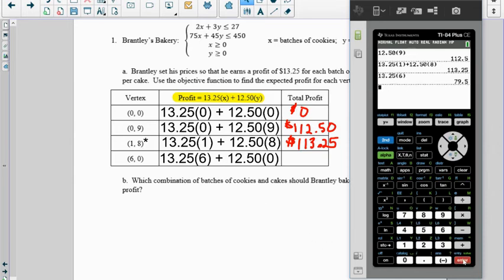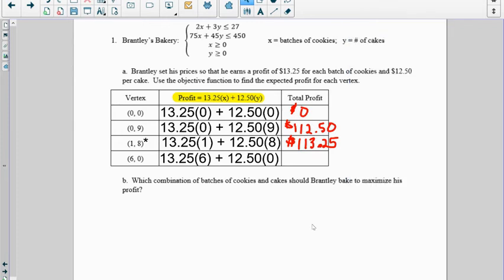That is 79.5, so it's $79.50 in total profit. Again, that's not how much it costs. That's just how much he makes above and beyond the cost of wages and supplies. That's how much his profit is.